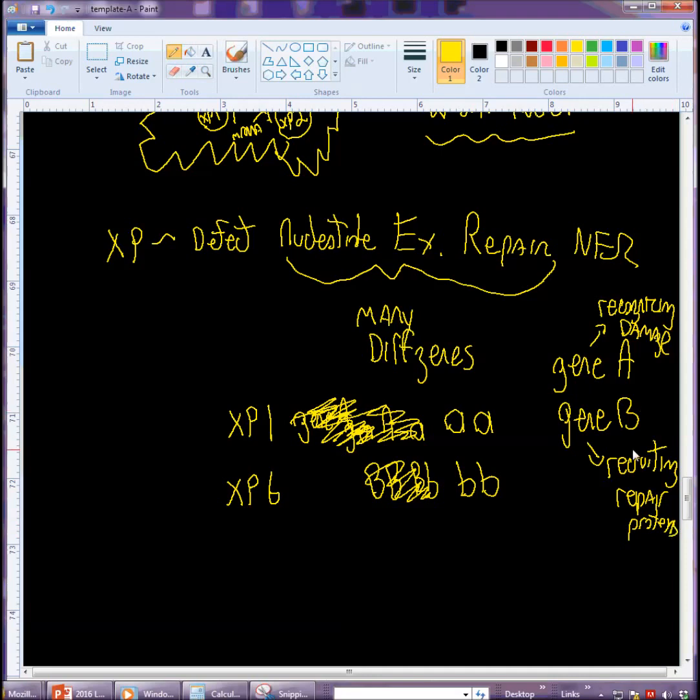So 2 different functions. Both of these are required for nucleotide excision repair. If you mutate either of these genes, you completely lose the function of either one, because you have 2 mutant alleles. The process isn't going to work. So both of these individuals, even though they have mutations in different genes, cannot perform nucleotide excision repair.